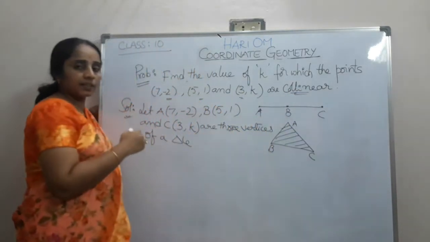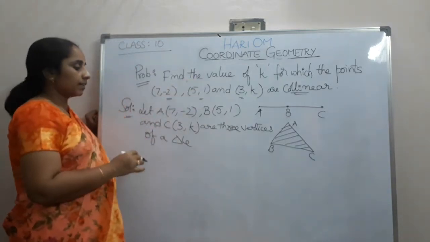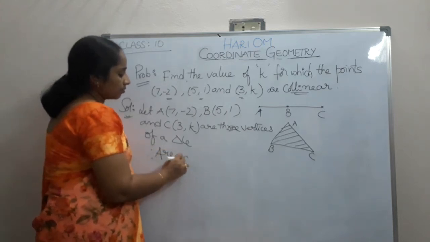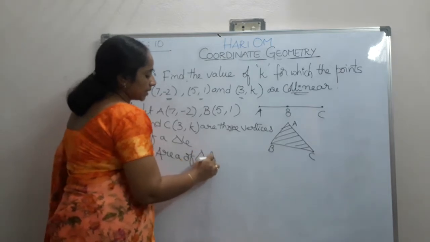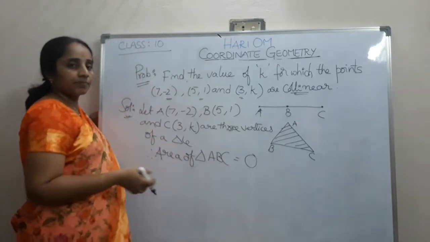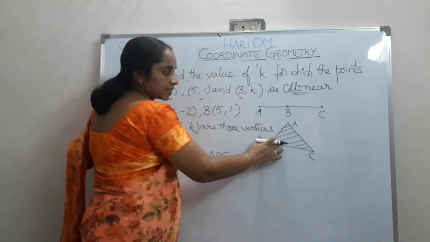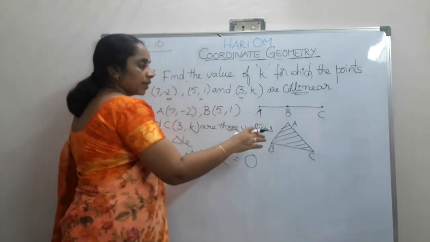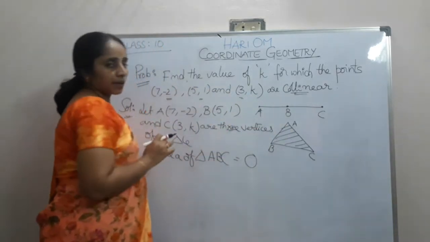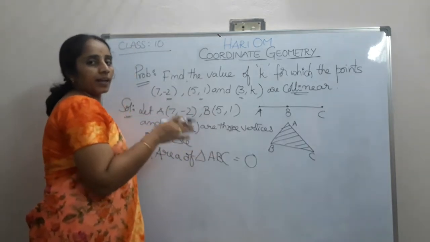We are not proving that they are collinear. They said already they are collinear. So, I am taking that the area of triangle ABC is 0. Understood this concept? No area means they are collinear, lying on the same line. If they have some area, they can form a triangle.